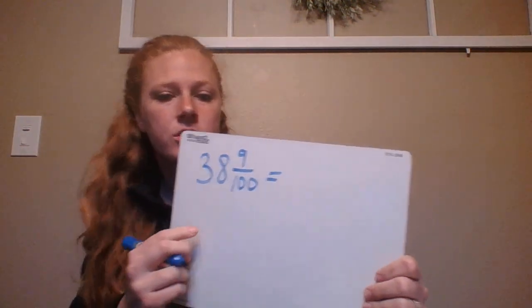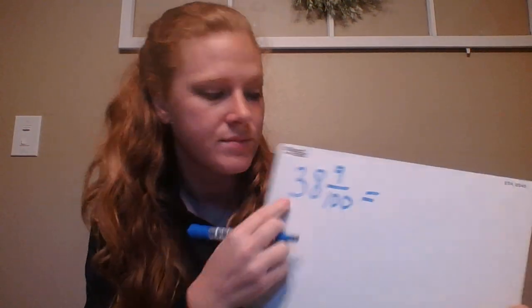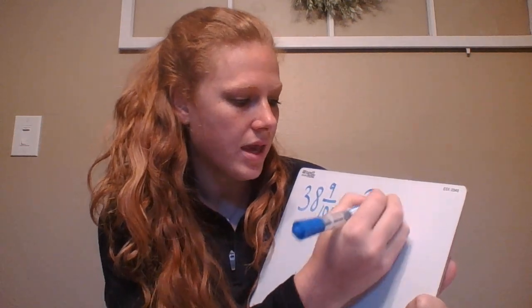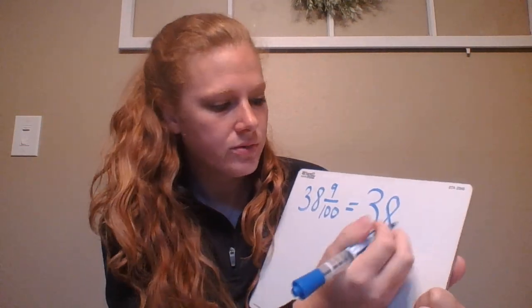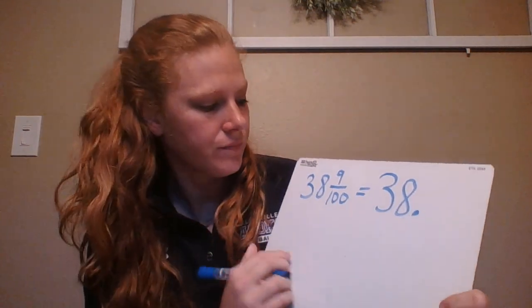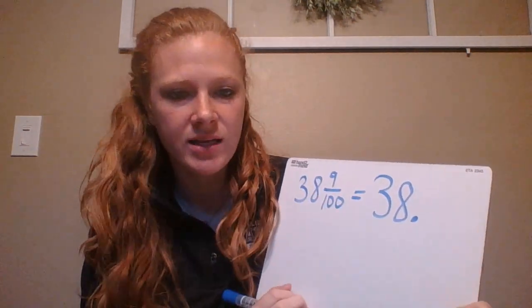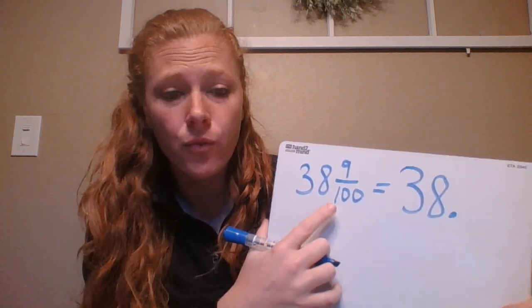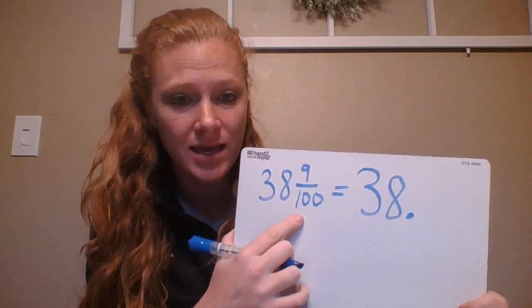Next, we're going to do a fraction. We're going to do 38 and 9 hundredths. Don't get caught on this one. I can see that I have 38 as my whole number, so I write 38. Now I know that this is the time where I put my decimal because it's going from the fraction. I only have 9 here, but it's over 100, not 10.